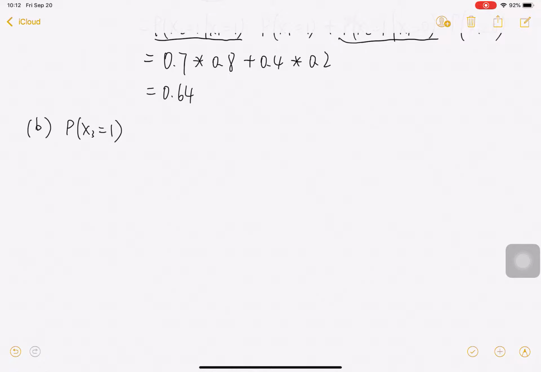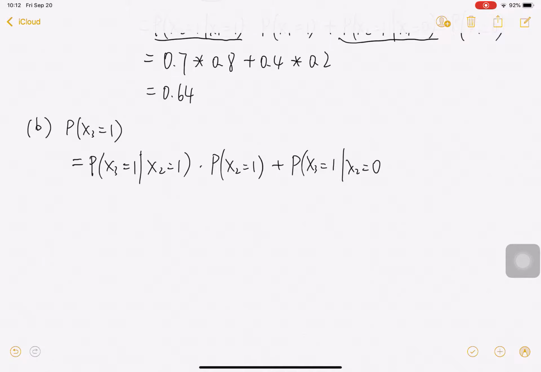So we have the probability of x3 equals 1 given x2 equals 1 times the probability of x2 equals 1, plus the probability of x3 equals 1 given x2 equals 0 times the probability of x2 equals 0.